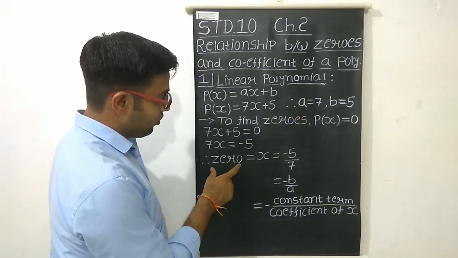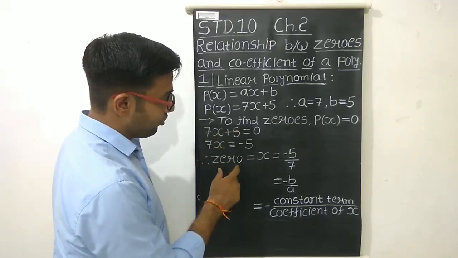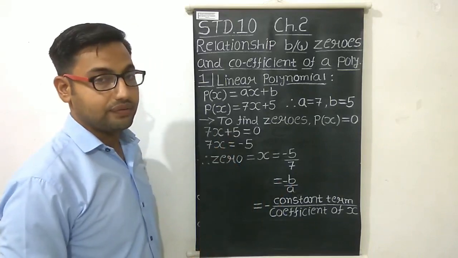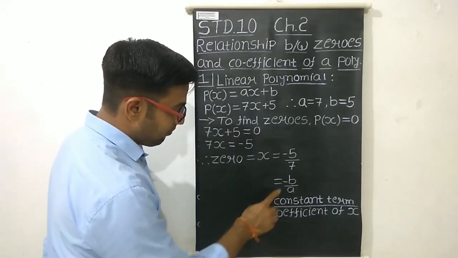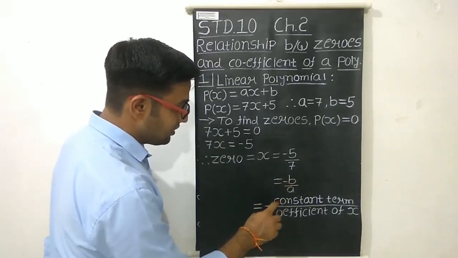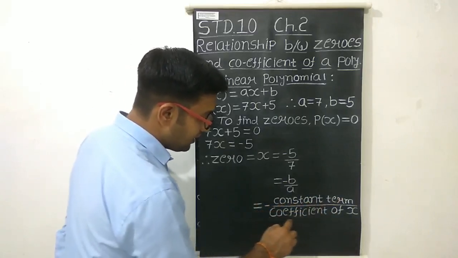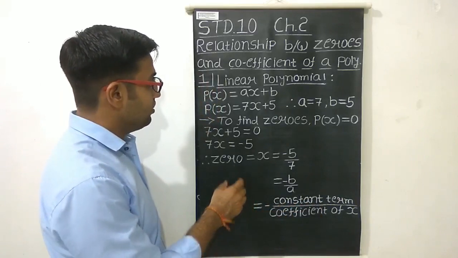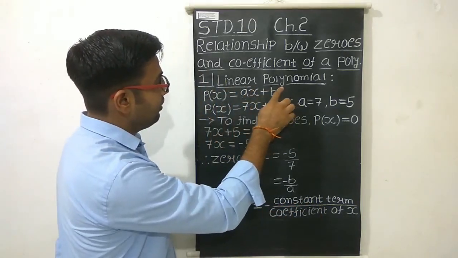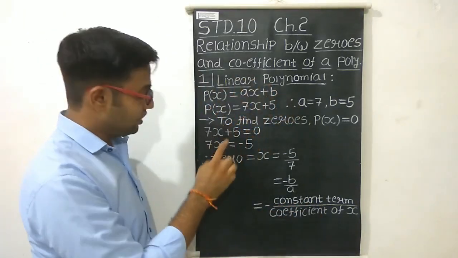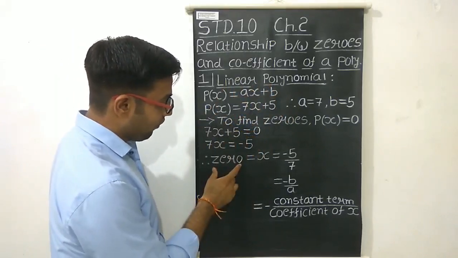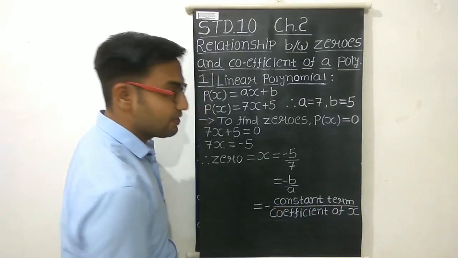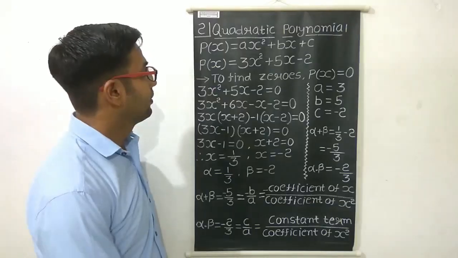The zero of this linear polynomial is equal to minus b upon a, where b is the constant term and a is the coefficient of x. So this is the relation between the zero and coefficients for the linear polynomial: the zero of a linear polynomial is equal to minus constant term upon coefficient of x.